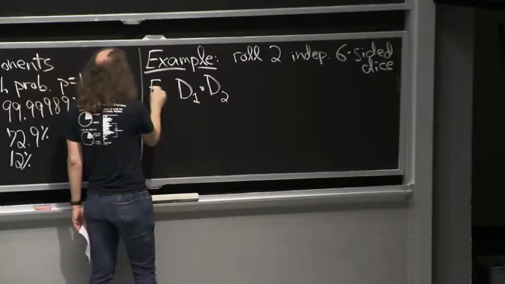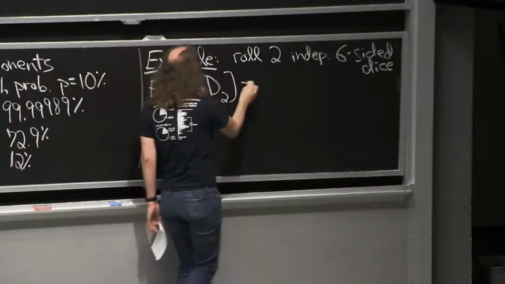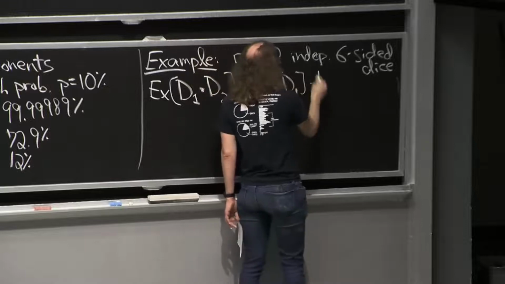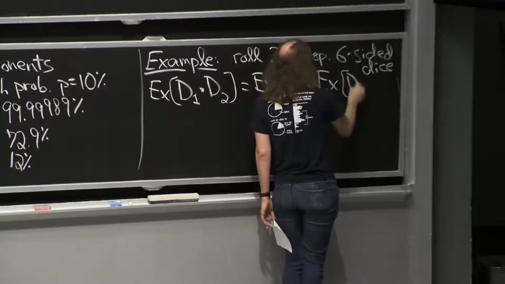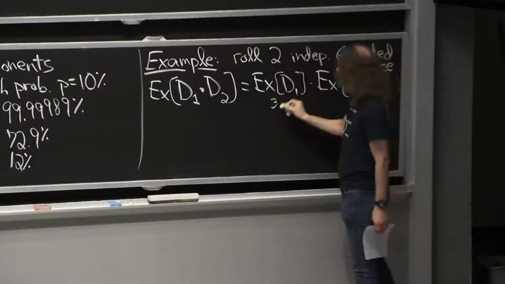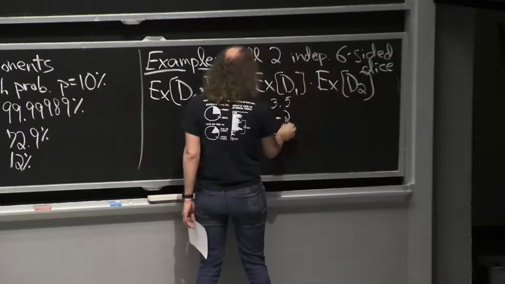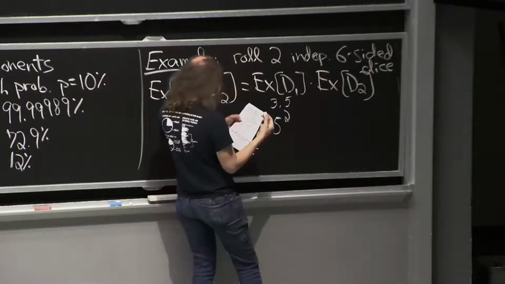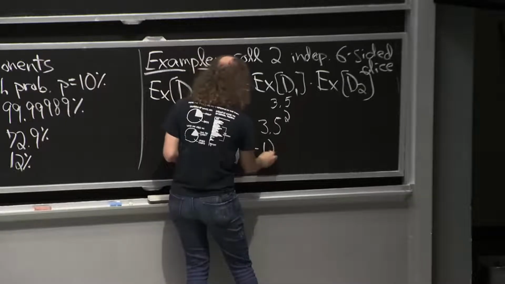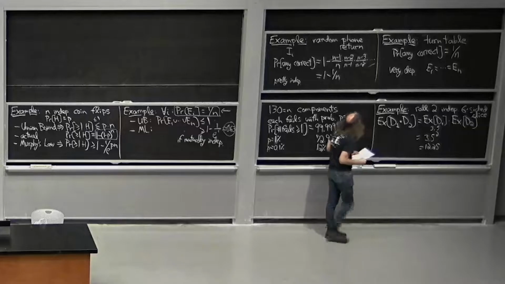What is the expectation of that product? Well, if they're independent, we know it's the product of the expectations. And the expectation of a die roll we covered last time, it's 3.5. So this is 3.5 squared, which is 12.25. OK, weird number, but there it is.